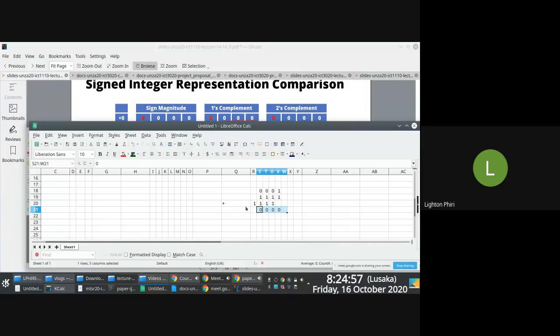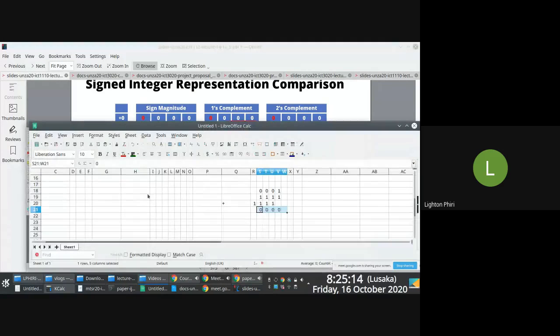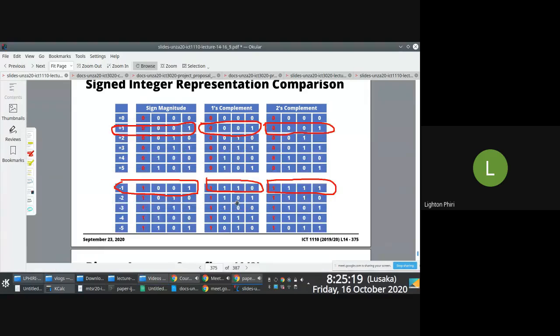But if we were to start evaluating sign magnitude, for instance, here, we add +1, which is 0, 0, 0, 1, and -1, which is 1, 0, 0, 1. Observe what happens, right? We have 0, 0, 0, 1, and then we have 1, 0, 0, 1.